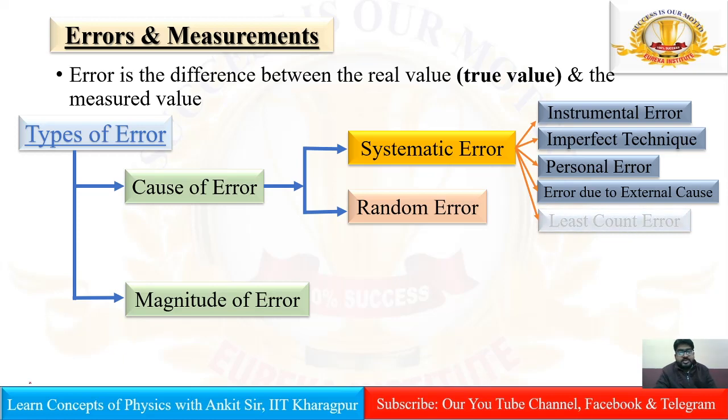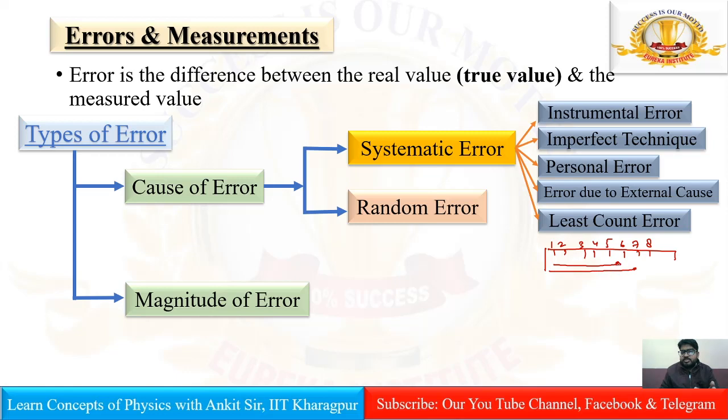It is because of the instrument and its least count, because every instrument has a least count. Let's say we have an instrument like this, and it has a least count of 1 mm. So this is, let's say, 1 2 3 4 5 6 7 8, and we measure from one end, and it has a value like this, and we have another value like this.